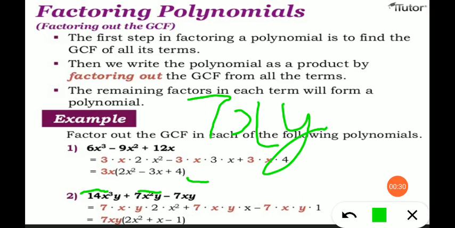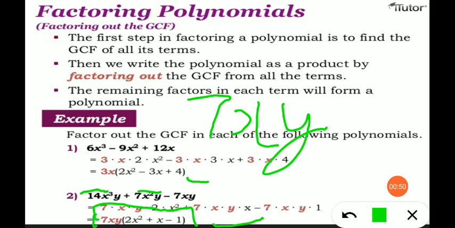So after taking 7xy common, we are left with 2x square plus x minus 1, and hence the factorization of this given polynomial is 7xy into 2x square plus x minus 1.